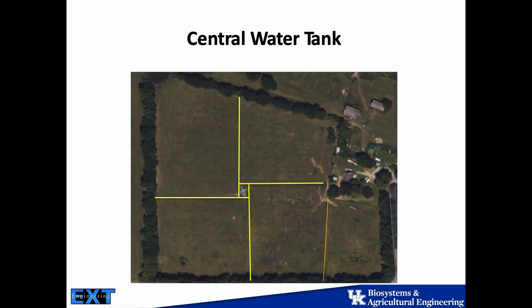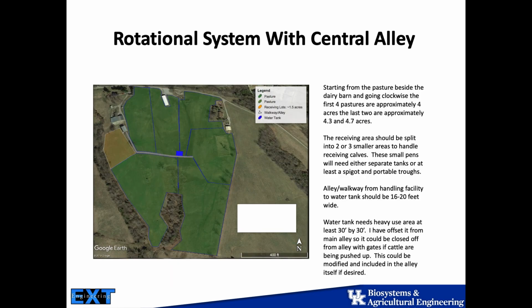But if I need to capture an animal out of a field like this, I can just put a couple gates up and capture the animal, and I can push them onto a trailer from there, and I don't have to figure out how to get the animal all the way over here where I need to load out of a group of 20 animals. I can just capture them in the water tank and move on. So having some permanent posts and fencing around that water tank is really important for the flexibility in the system.